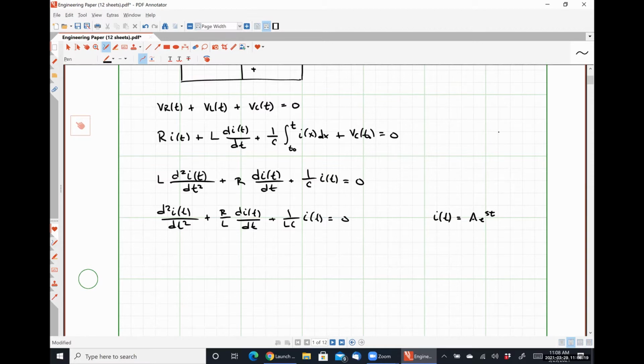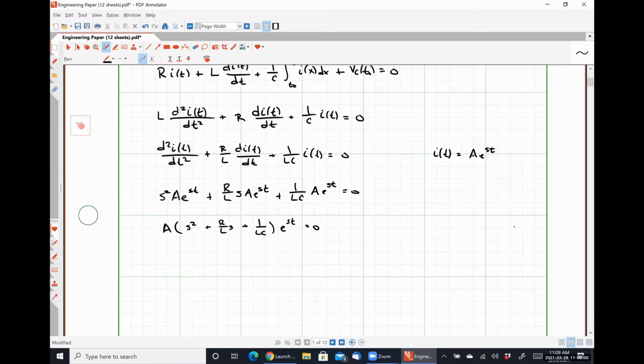And in doing so, I get s squared A e^(st) plus R over L s A e^(st) plus 1 over LC A e^(st) is equal to 0, which I can rewrite as A times (s squared plus R over L s plus 1 over LC) times e^(st) is equal to 0. And I now have my characteristic equation.